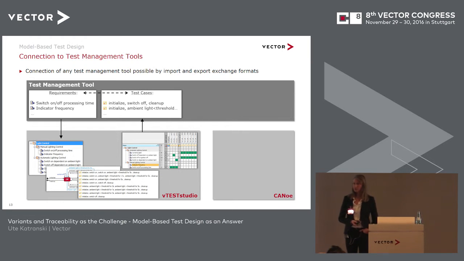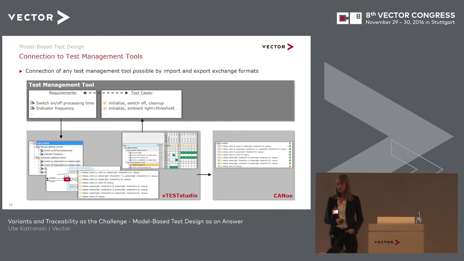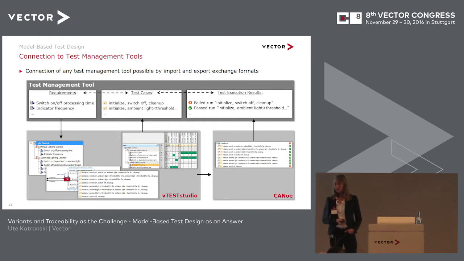This information is loaded back to the test management tool, and we get the information for implemented test cases available there. After the test cases have been executed in CANoe, the test results can be loaded back, so that I have the full traceability of the requirements, test cases, and the execution.